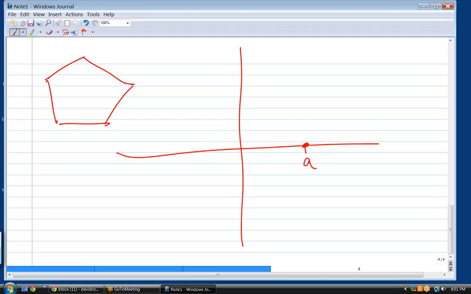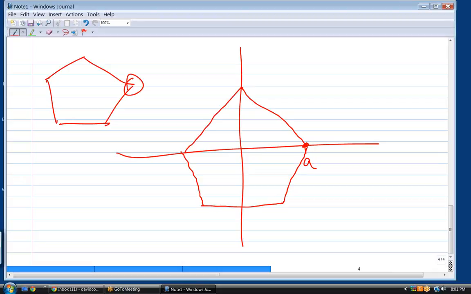Let's try to draw it. So if I make that the vertex, my teacher said, if I remember correctly, that none of the other points would fall on an axis.